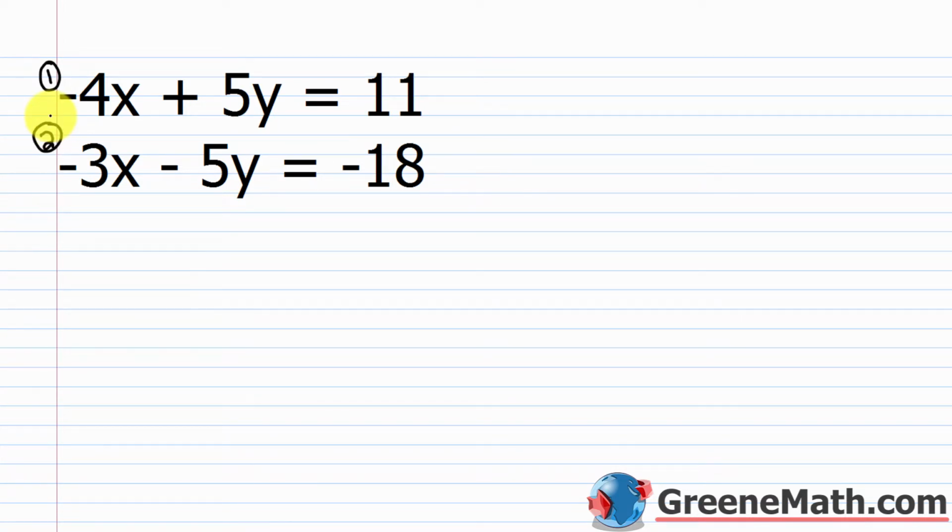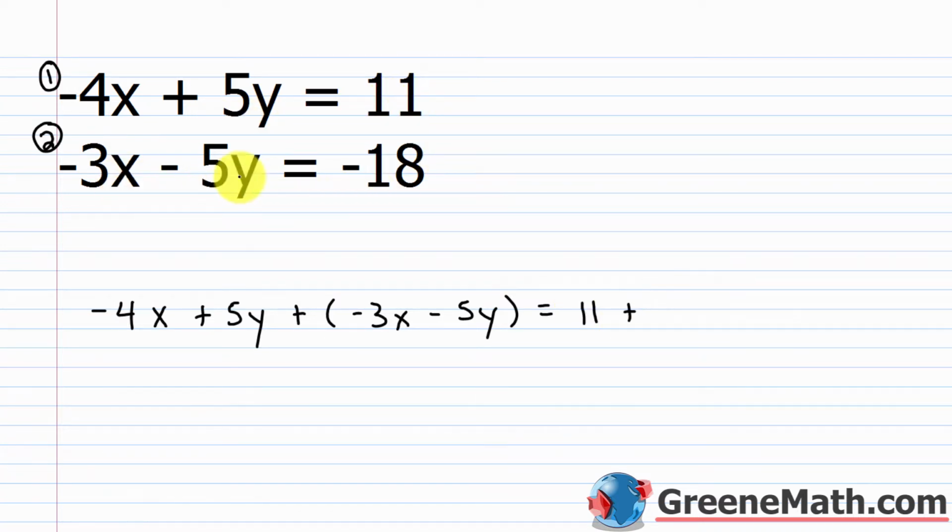So I take the left side of equation 1, negative 4x plus 5y, and add the left side of equation 2, negative 3x minus 5y. I set this equal to the sum of the two right sides: 11 and negative 18.